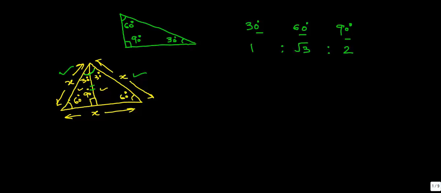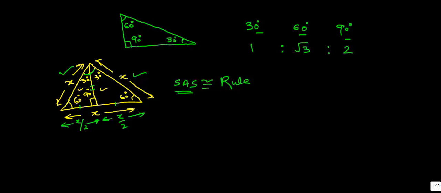So by the side angle side congruency rule, these two triangles are congruent. So this portion will be equal to this. So we can say that this is x by 2, and this is also going to be x by 2.